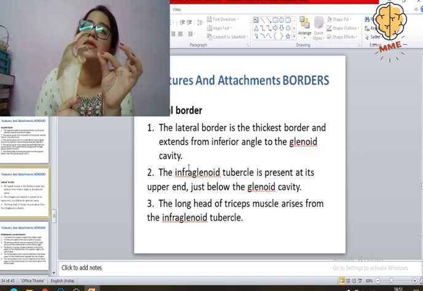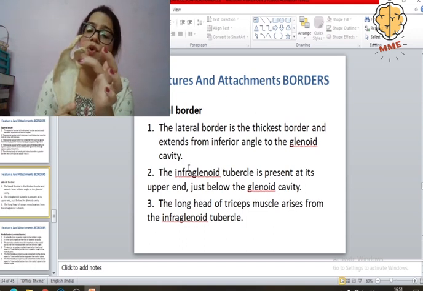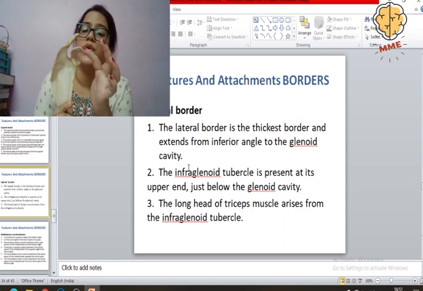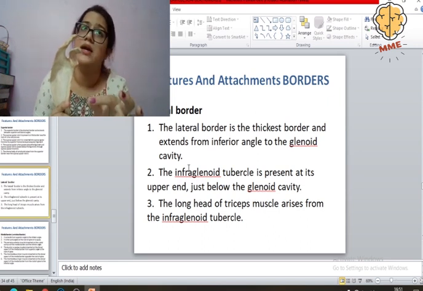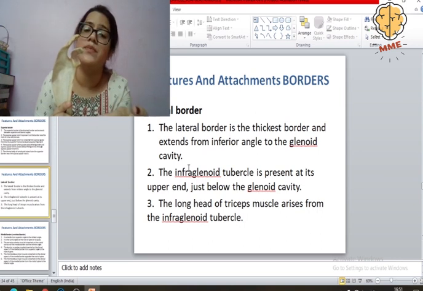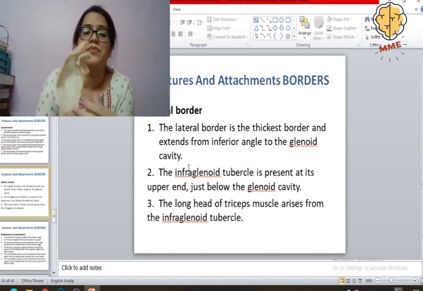The labrum and the capsule serve this purpose. So it is very frequently asked whether the long head of biceps brachii, which arises from the supraglenoid tubercle, is inside the glenoidal labrum. The answer is no. It is intracapsular, but it is not within the labrum.